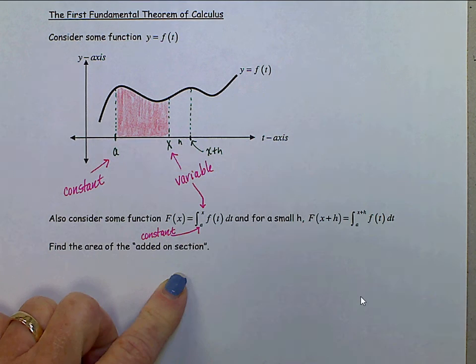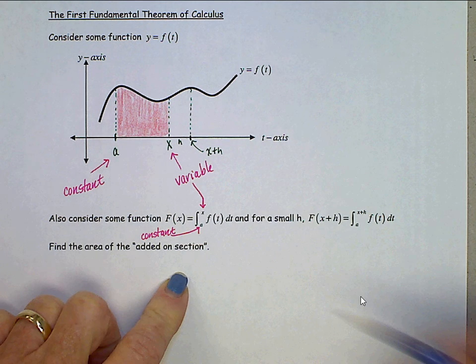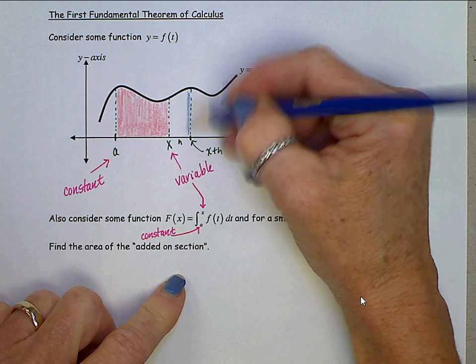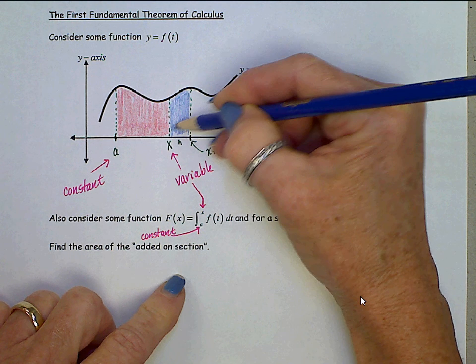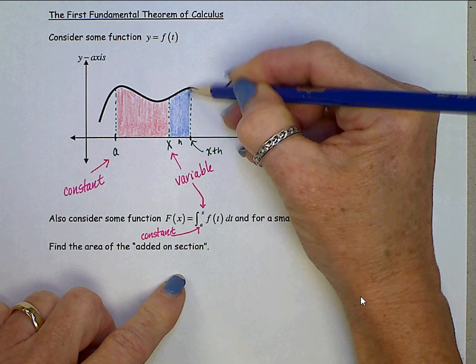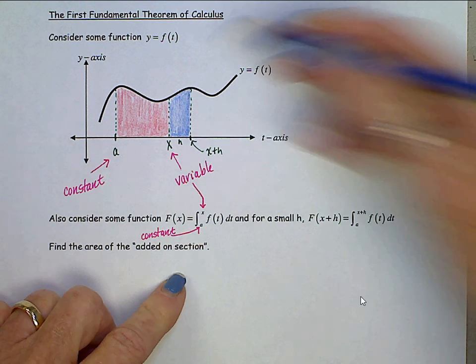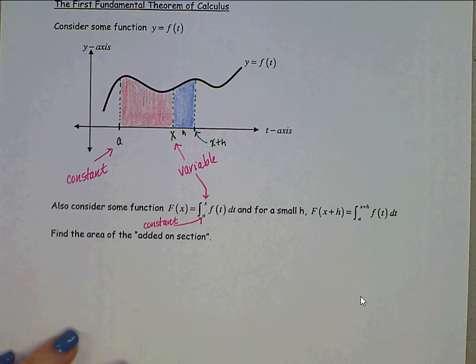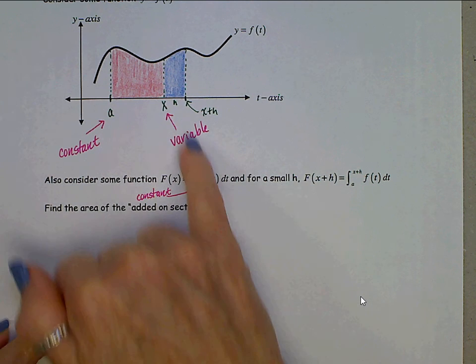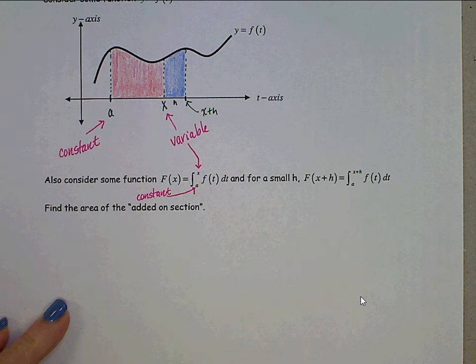And if we take that up to the function, we have now added on this piece. Okay, so what we want to do is find the area of this added on section.